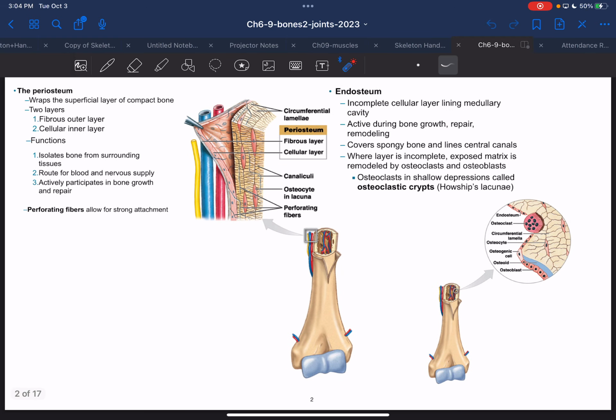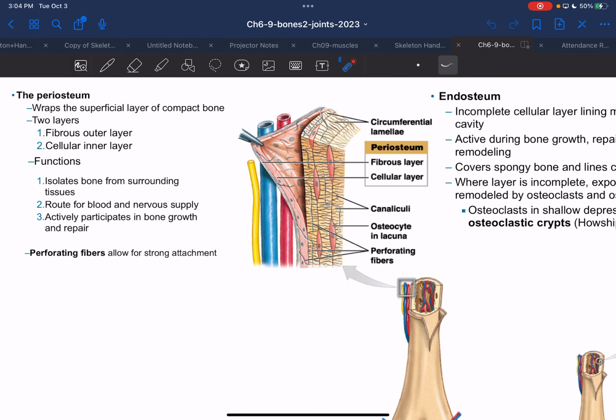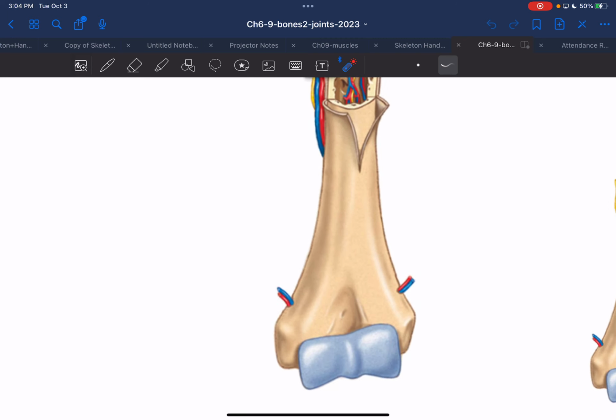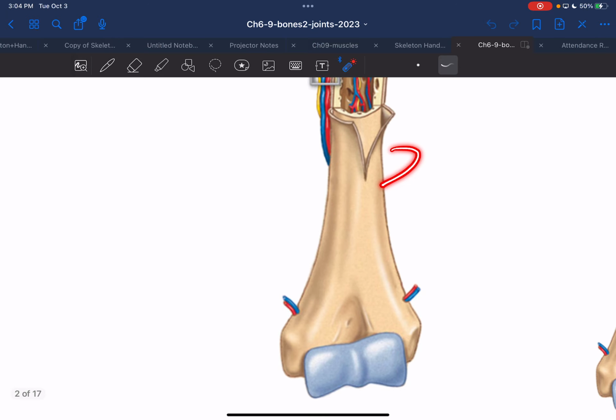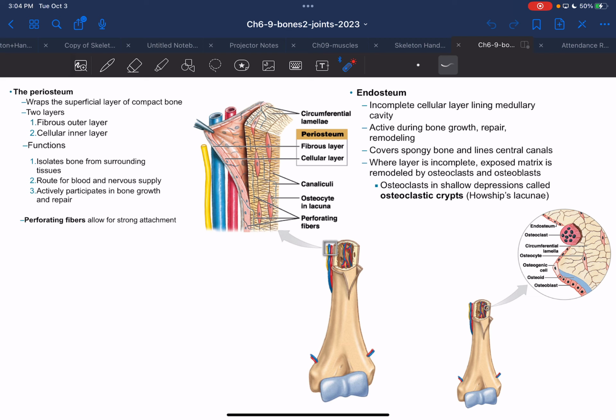As we look at this region, we have the periosteum and the endosteum. The periosteum, which we slightly touched on, is the outer layer of bone. When you look directly at the bones we've been learning about in lab, that first layer you see is the periosteum.